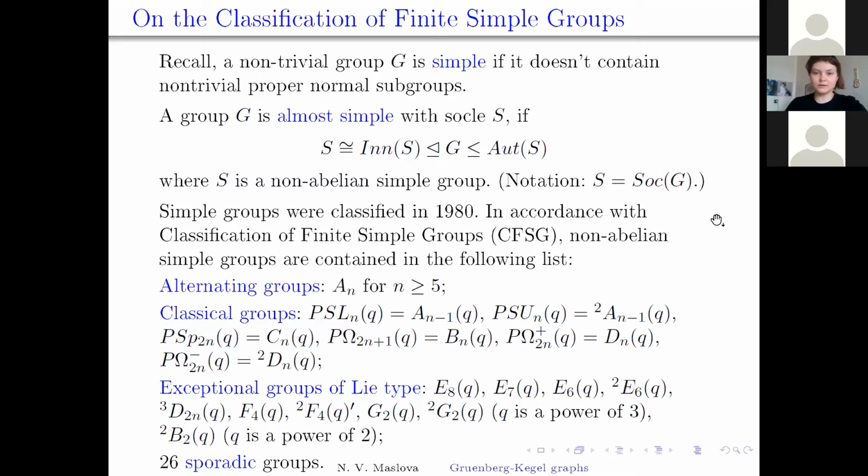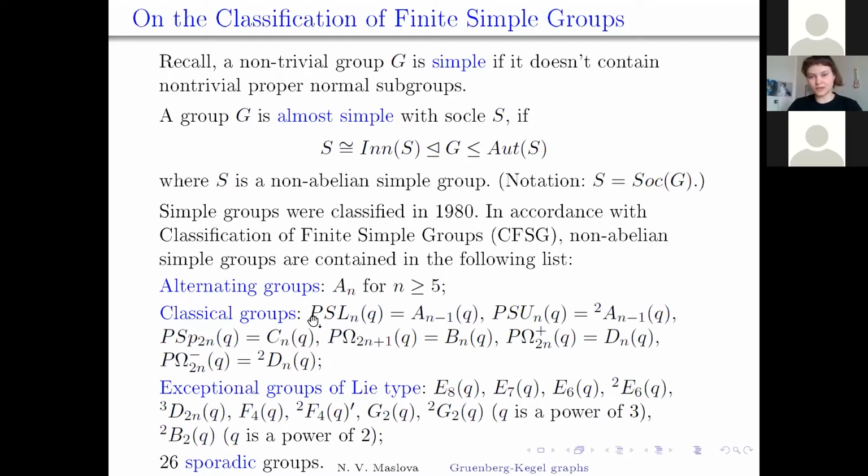Finite simple groups were classified. It's a very remarkable result in finite group theory, finished in 1980, and with respect to this classification, all non-abelian finite simple groups are contained in the following series. Alternating groups, a well-known series for specialists in combinatorics. 6 series of classical groups.